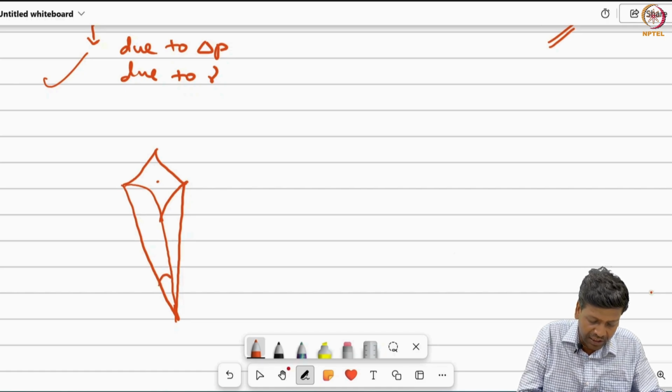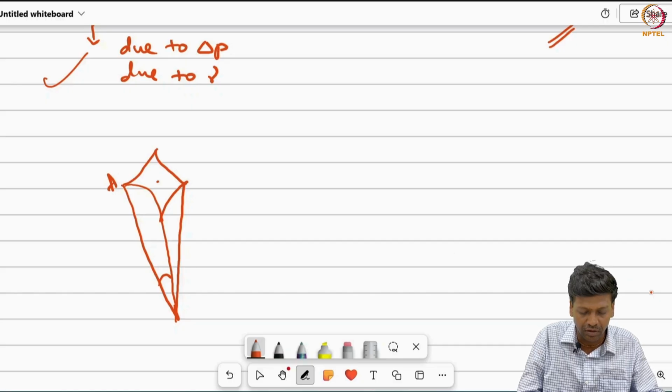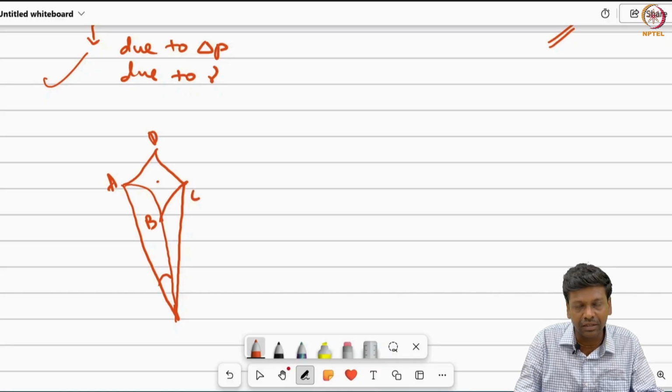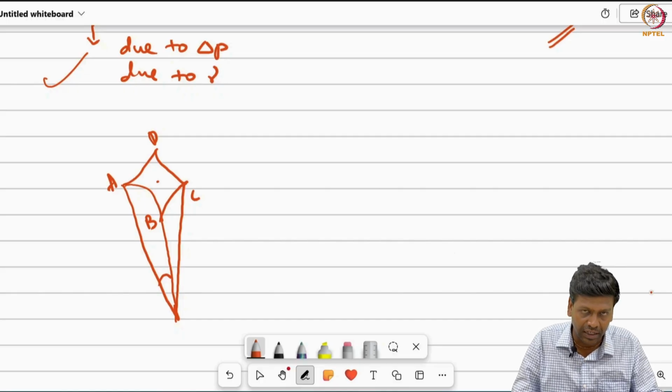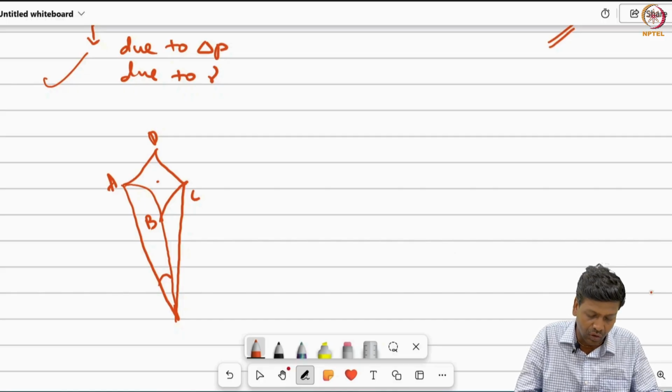And if I name this a rectangle-like geometry, this is an infinitesimally small control element. So we can also say that it is nothing but a rectangular geometry, but it has two major axes, primary axes.